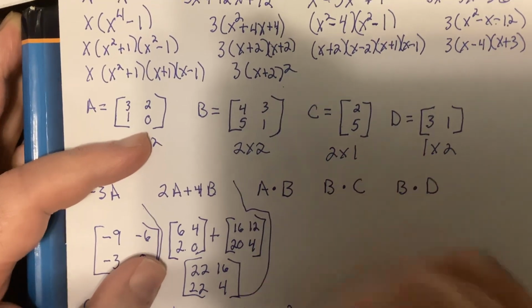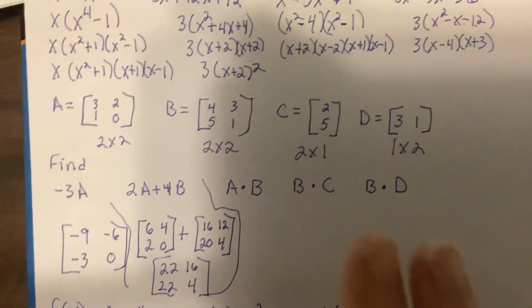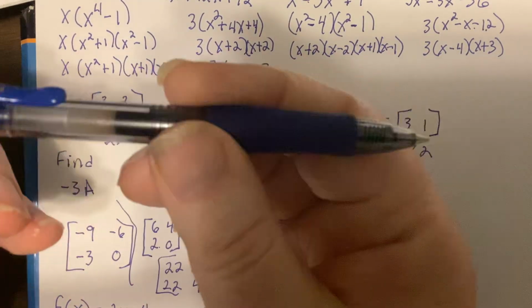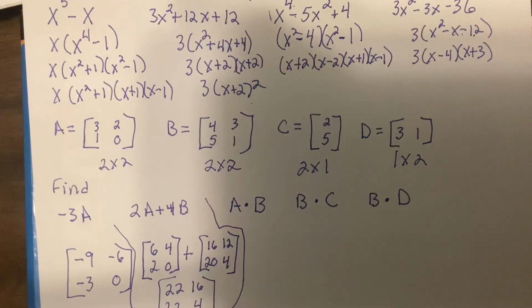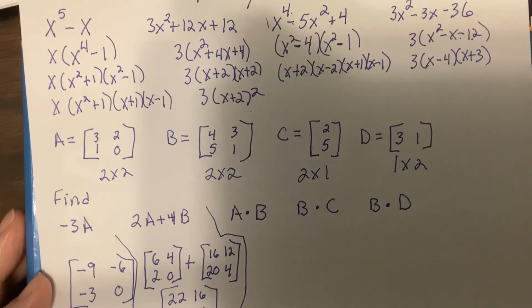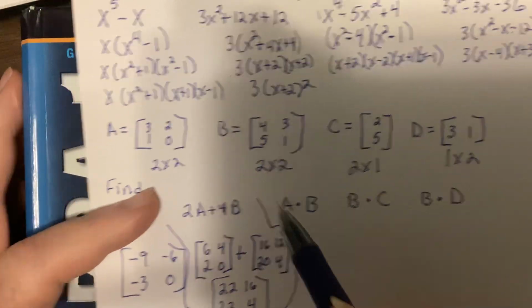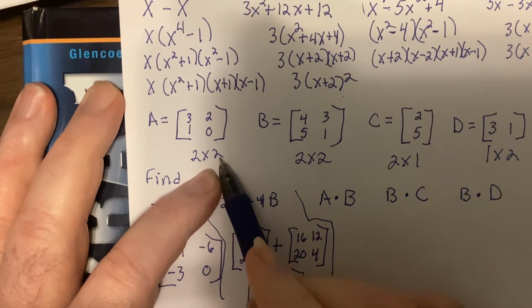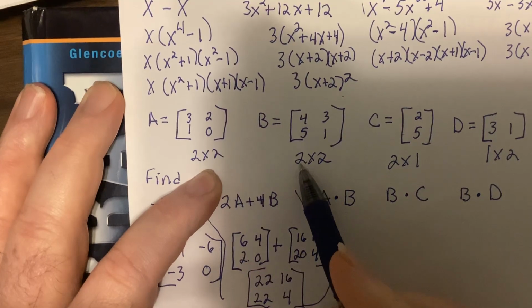Now multiplying matrices. Remember it's across and then you rotate it and then down. So across and then rotate it down. Okay, so A times B. The second number in the dimensions has to be the same as the first one.